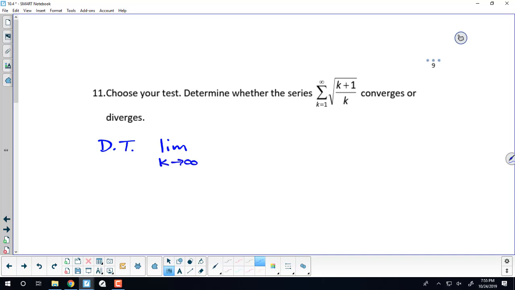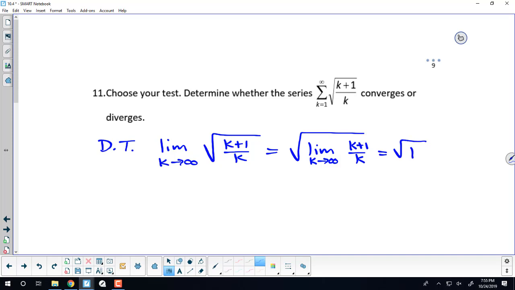What's the limit at infinity on this term? 1. So since the limit at infinity on the kth term is not 0, we can say that it diverges.